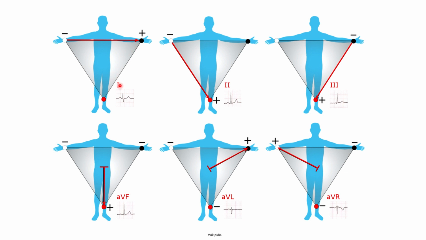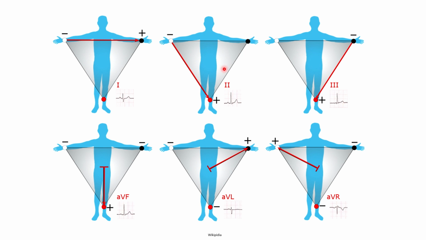And lead 1, remember, is made from the right arm to the left arm, and it always moves from negative to positive. Always the arrow will move from negative to positive. That's why you have lead 1 moving this way. I will explain it in the next slide about the degrees, but just for now, get the main idea of how these leads are formed.